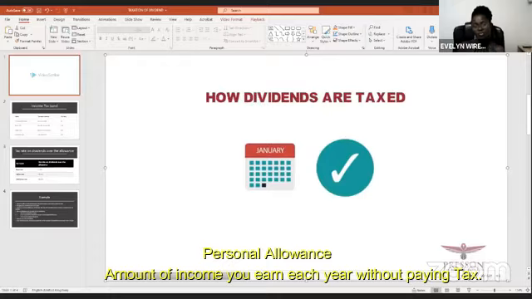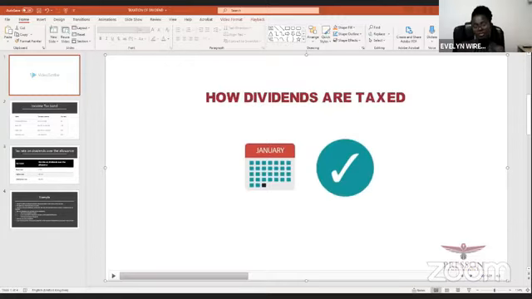For tax year 2020-21, the personal allowance is 12,500. So if all your income, including your dividend, is adding up to 12,500, then definitely you will not pay any tax on your dividend. Let's move on to what we have on the screen.